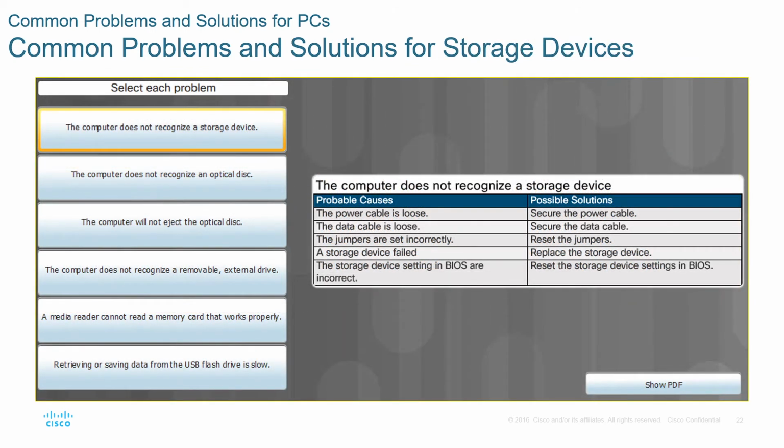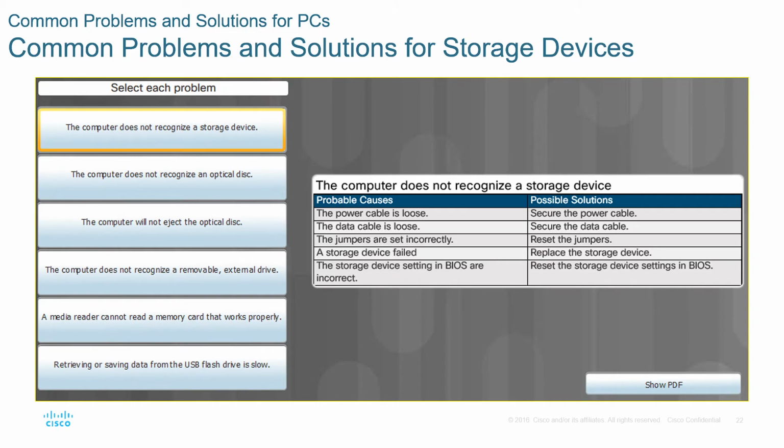Awesome. Now let's talk about the common problems and solutions for storage devices. When you have an issue with storage devices, you may check a few things as well. I'm going to talk about one of them, and once again, your homework is going into Netacad and checking each one of them separately.